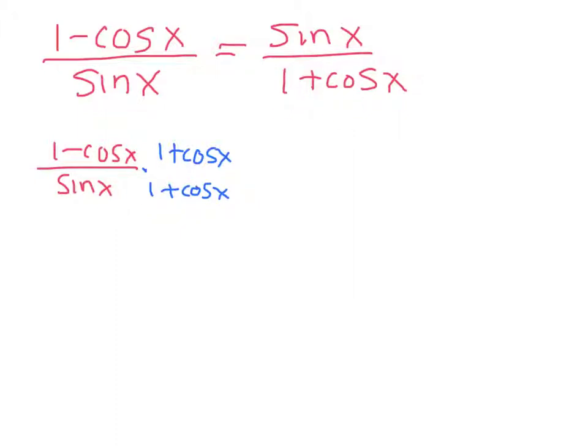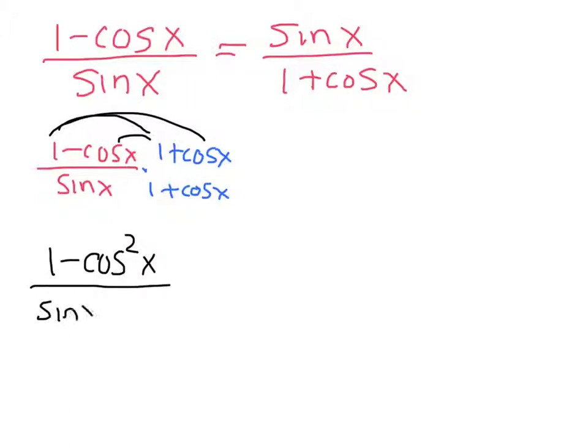And so now, on the top I'm going to FOIL, which is actually special strategy number 3, look for opportunities to use algebra, including factoring and foiling. So on the top, I FOIL, I get 1 times 1 is 1, and the outside and the inside cancel, plus cosine minus cosine. So it's 1 minus cosine squared x over sine x times 1 plus cosine x.